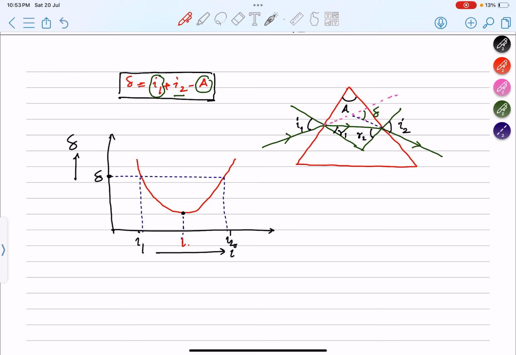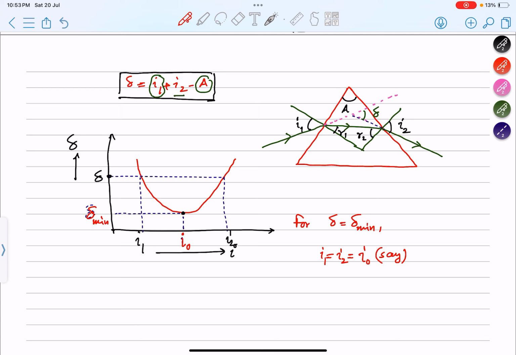And if I consider that this value is I0, so for this minimum delta, for delta equal to delta minimum, we have I1 equal to I2 equal to I0. Let us say at this value it equals I0.